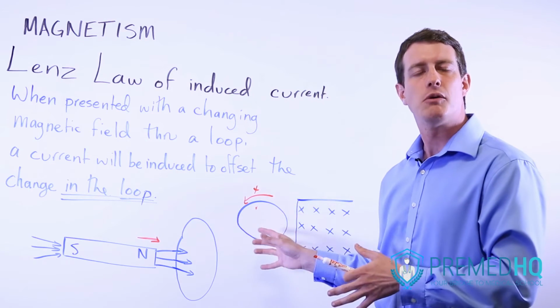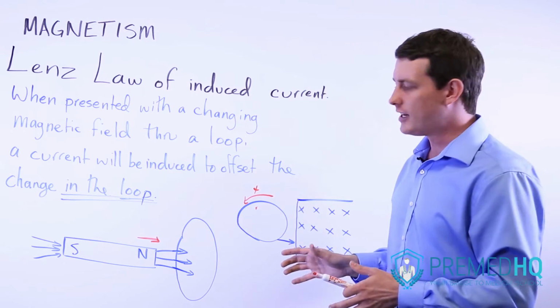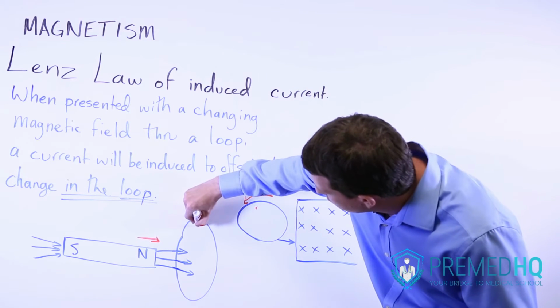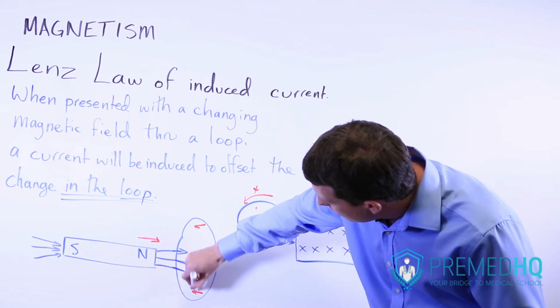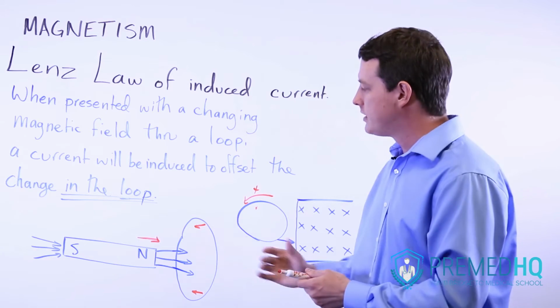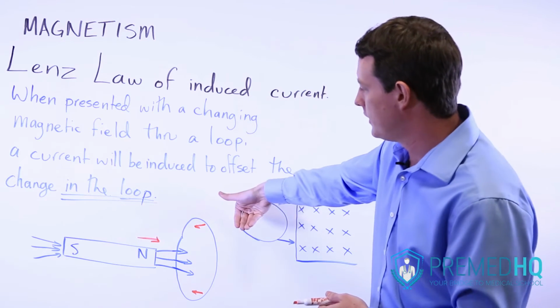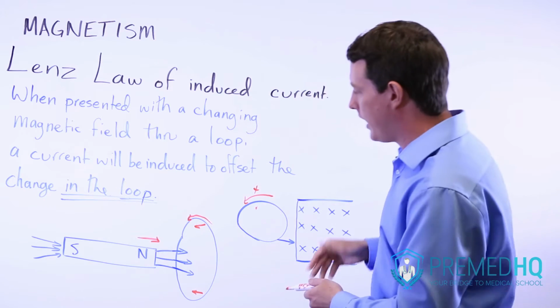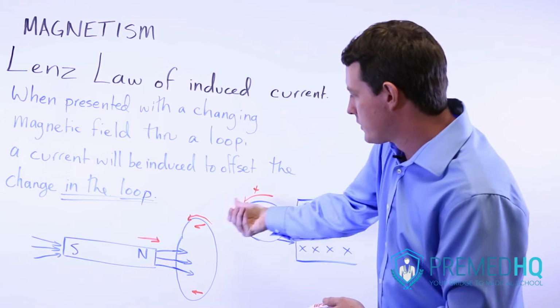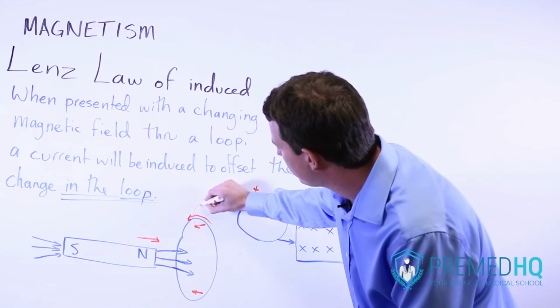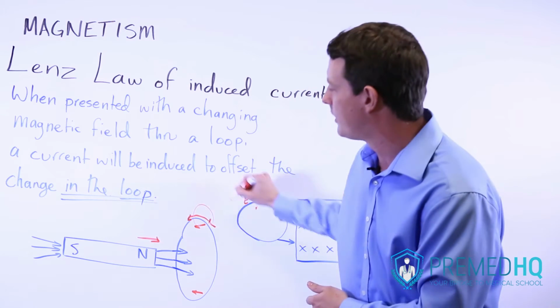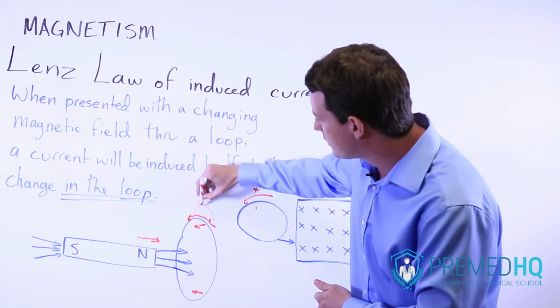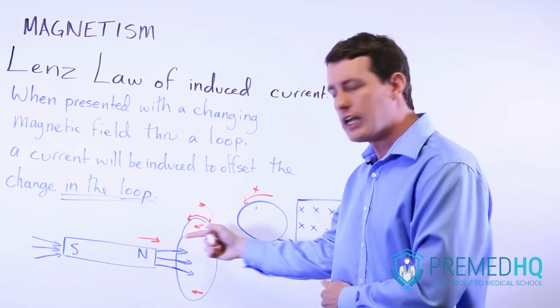And so what will happen is that will induce a current that will offset that by creating a magnetic field like this. And the way to generate that kind of magnetic field is to have it moving away from you like that. And so it's going in, and as a result, the magnetic field will look like this. It will come out on top, moving in that direction, and it will move inward.